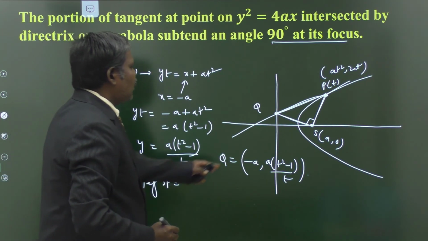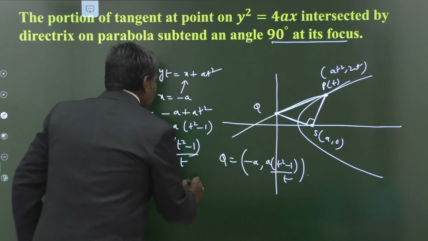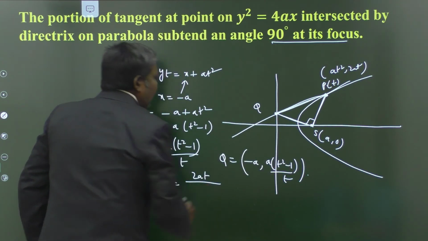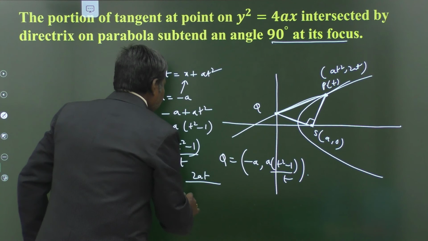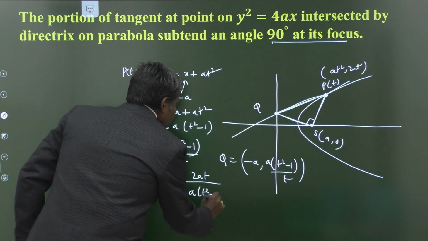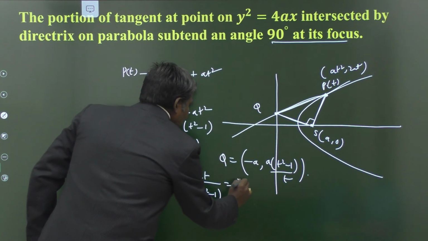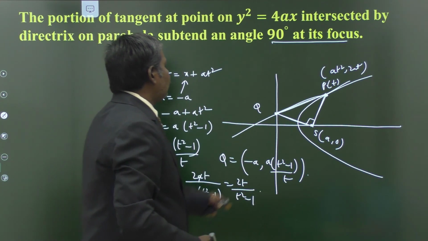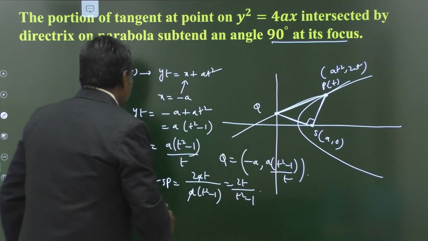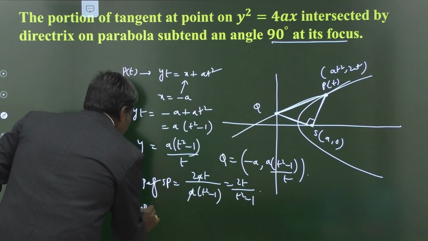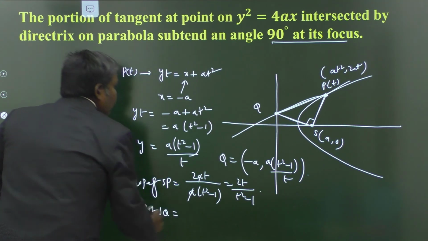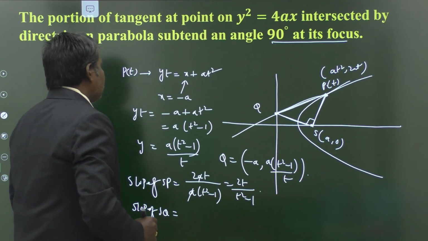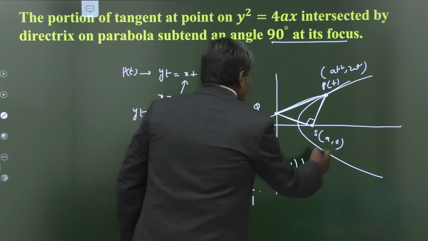Slope of SP is what? 2at minus 0 by at squared minus a. That means a into (t squared minus 1). a gets cancelled. That is 2t by (t squared minus 1). Again you have to find the slope of SQ. What are the coordinates of S? a comma 0.